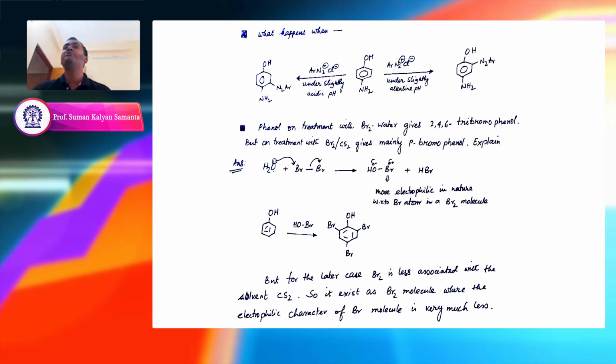So these ortho positions are now activated. Okay, so that is why now the reaction is happening ortho to the amine. So at alkaline pH, you get the reaction ortho to the OH, but in slightly acidic pH, you get the product ortho to the amine. Okay, this example is done.